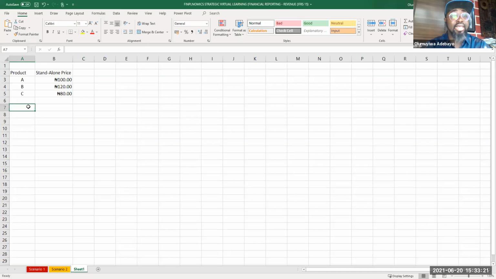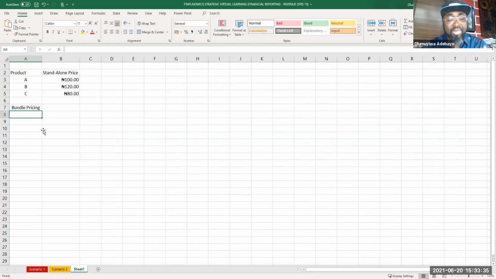They tell you that the products can be sold in bundles, bundle pricing. If you are buying products A, B, C, instead of paying 300, they tell you it is 280. When you buy products A, B, instead of paying 220, you pay 200.